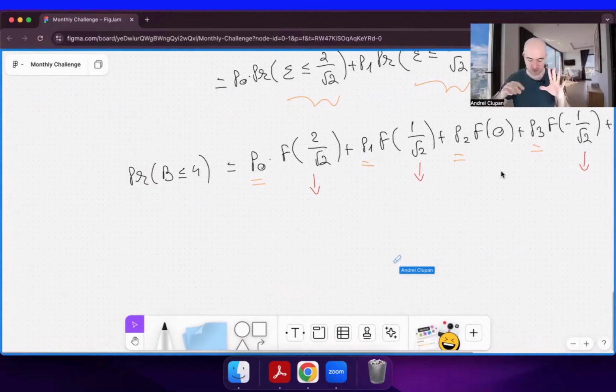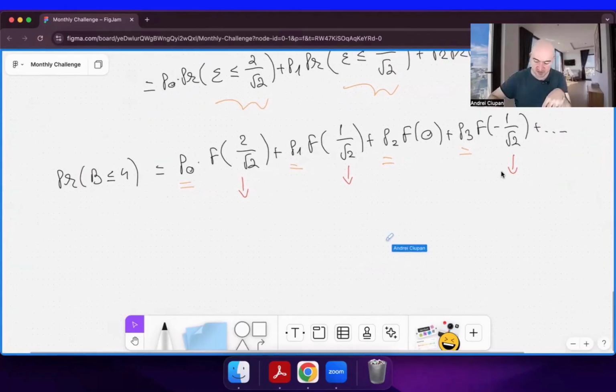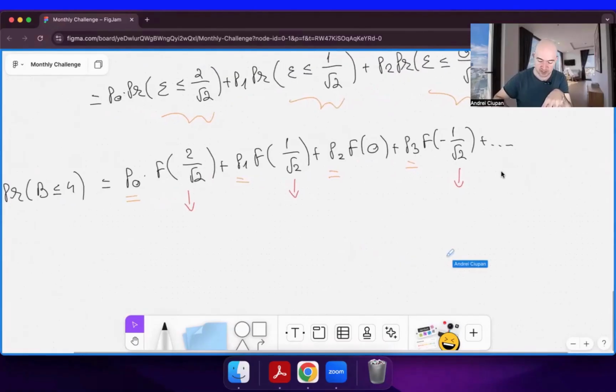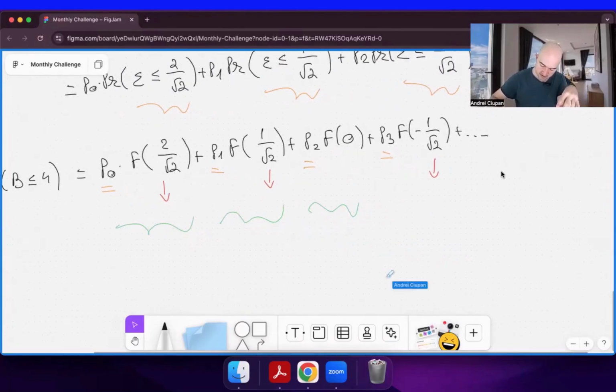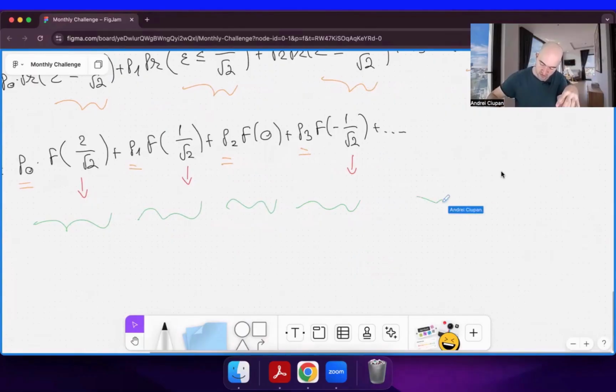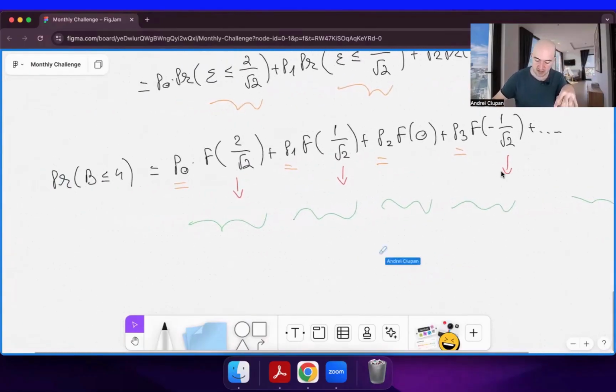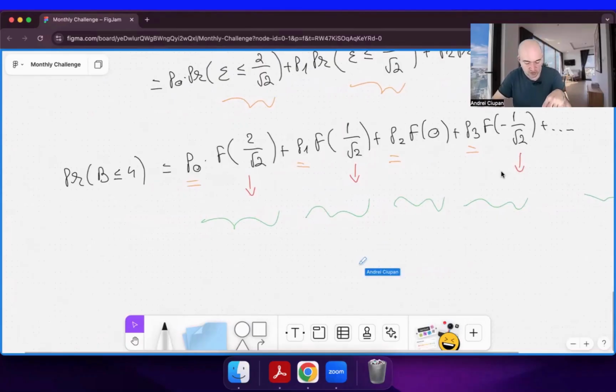Now, this becomes interesting. First of all, all of these terms are always positive, right? Everything here is bigger than or equal to 0, because we're just multiplying two probabilities and they both are at least equal to 0.